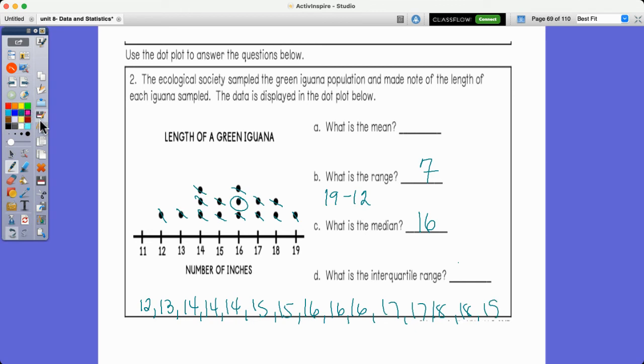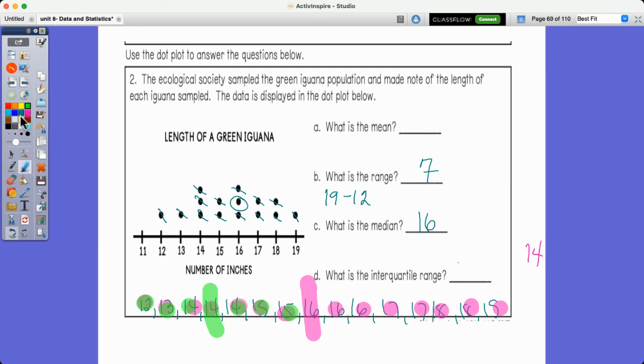So I have to find IQR. So I'm going to bounce back and forth. Back and forth. So here's my median. I already found that. Now I'm going to find my next one. That's Q1. So that's 14.